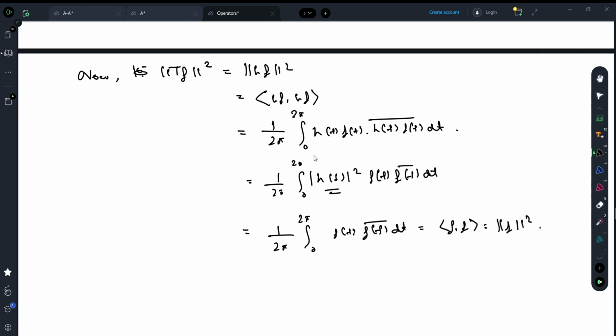Since we are talking about a non-negative quantity, if I just remove the square, this implies that the norm of Tf is the same as the norm of f, right? So this is a unitary operator, for some given h. Clear?